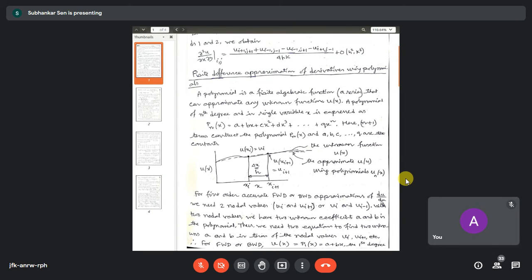Now, if you want, you can find a second order accurate forward difference formula of du dx. When you are using Taylor's direct method, you get a first order accurate formula for du dx. By using Taylor series also, with some trick, you can find a second order accurate expression for du dx, but it will be easy by the method of polynomials.